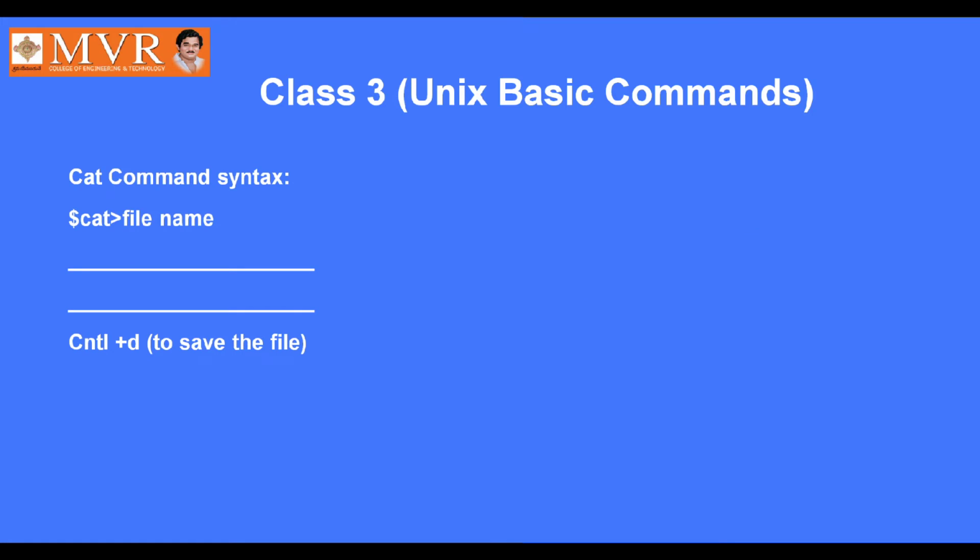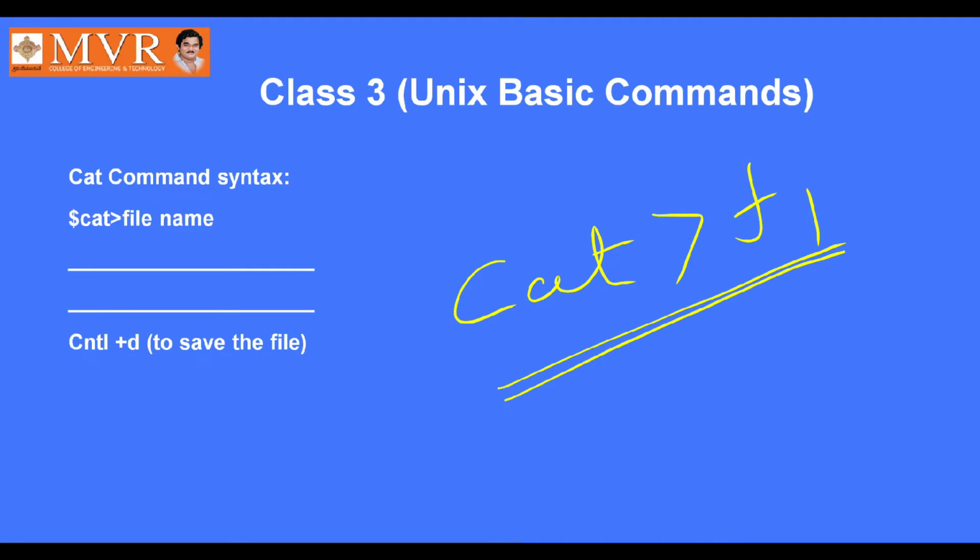So this is the cat command, which is used to create files with contents. The syntax is cat greater than file name. So if I want to create a file, you need to type cat, then followed by greater than symbol, then for example f1. So here I intend to create a file f1 with some data. Whenever you type cat greater than f1 and then press enter, it looks for the contents of the file.